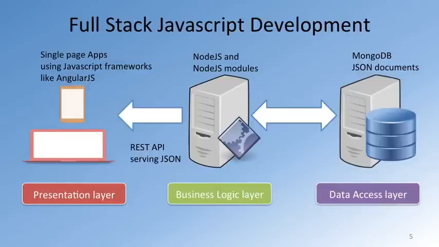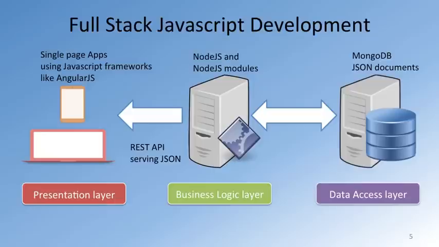Then the server side could be implemented using technologies like Node.js and Node.js modules, which again depends on JavaScript. And then the data access or data storage part implemented using technologies like MongoDB, which works based on storing JSON data and serving up information in the form of JSON data.